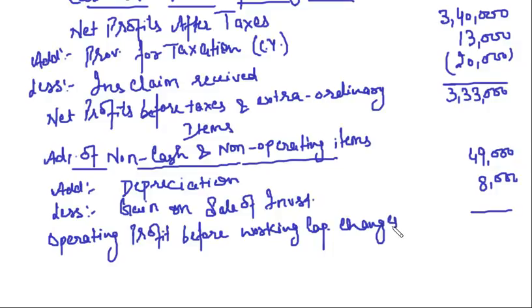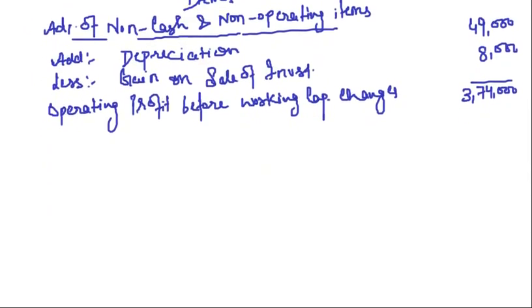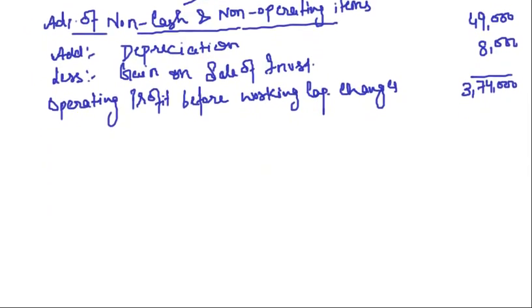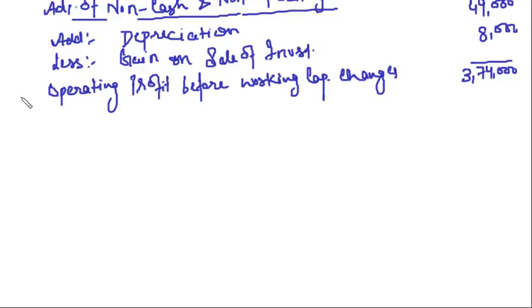What is this figure? 3,74,000. Clear? Now, what is the next step? We have completed 2 steps. Net profit we have calculated. We have adjusted the non-cash and non-operating items. Now the next step is working capital changes.